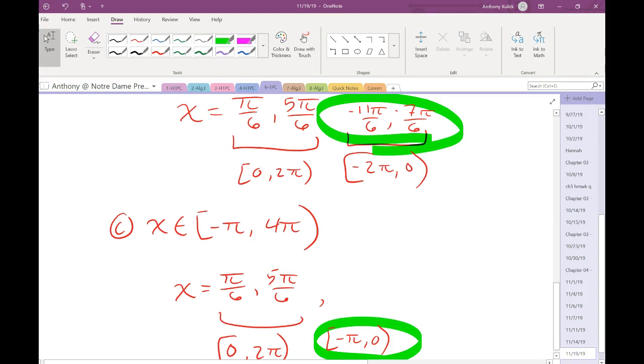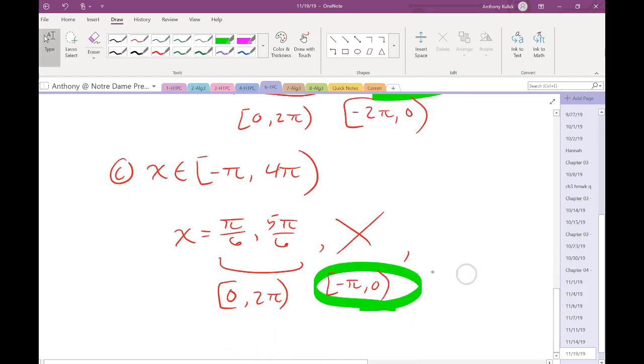Those are both too small, right? Does everybody see that? So we don't have anything that falls inside there. And then the last interval we need to concern ourselves with is 2 pi to 4 pi. How would I find those answers?